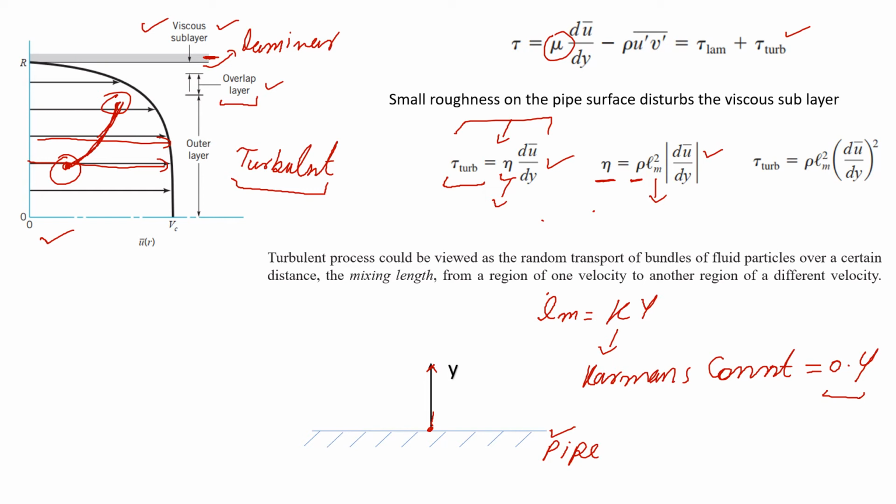So now what we will do, we will put the value of the mixing length in this equation, and we will derive it further to get our equation for velocity profile, and that velocity profile, as you already know, is turbulent. So we would like to write the equation for this turbulent velocity profile.